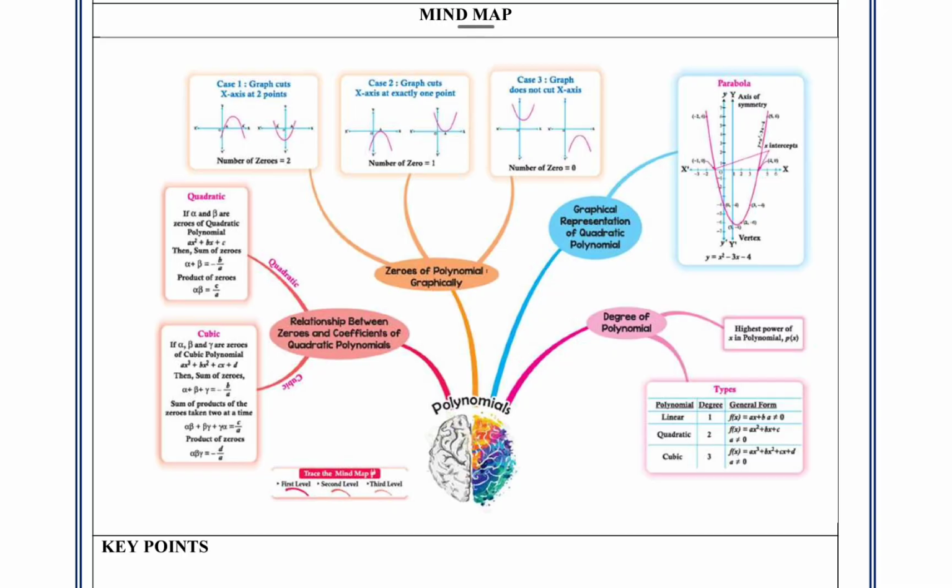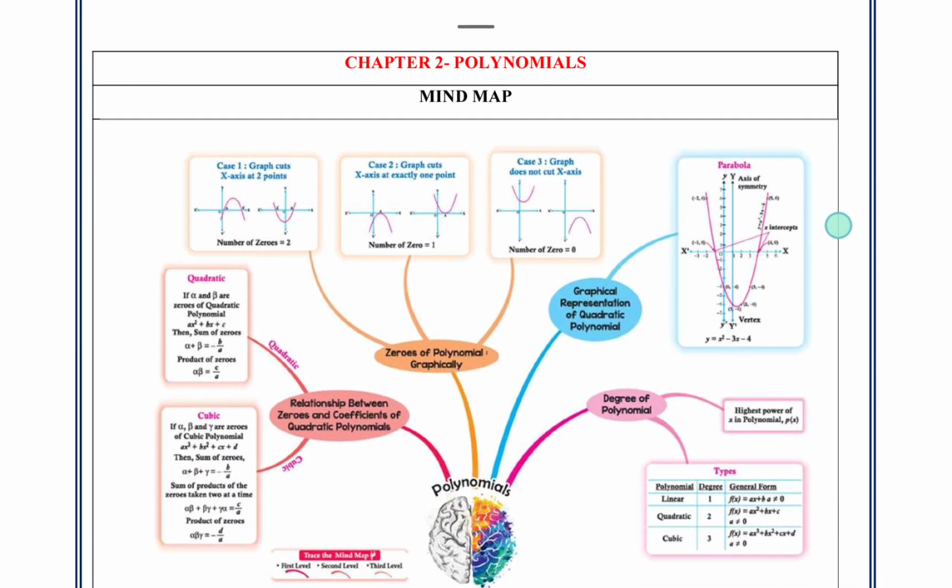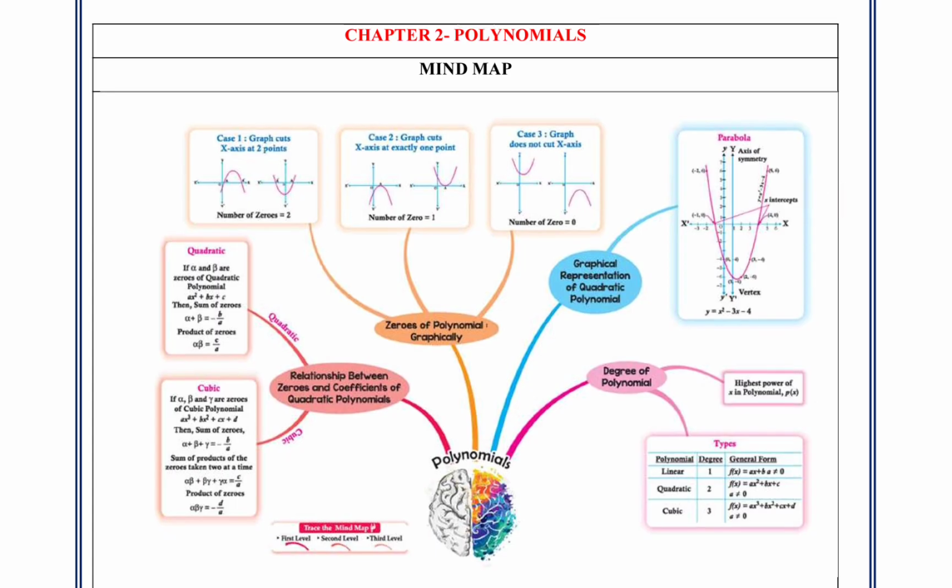In this section we will see the mind map of polynomials. Now we are going to the mind map. First, the topic itself is known as polynomials, and we are discussing the relationship between zeros and coefficients of the quadratic polynomial.